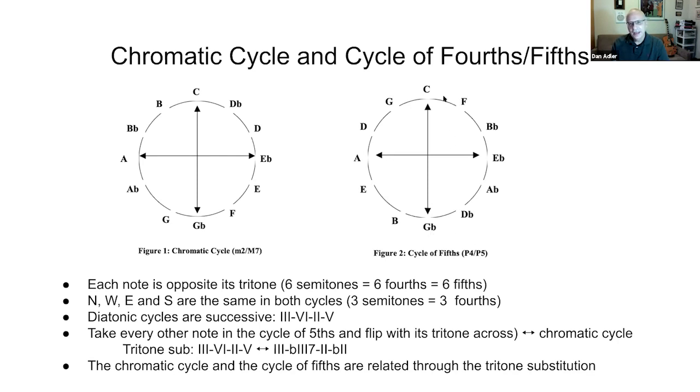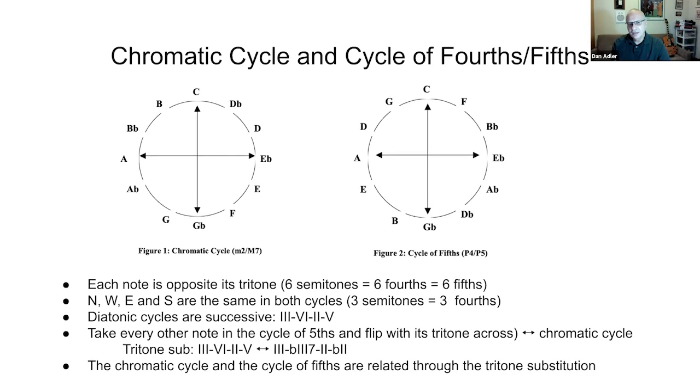For example, every note is opposite its tritone. Well, if you think about it, that is obvious because we just said that divides the octave in half. So obviously, if you go halfway across the circle, you're dividing the octave in half, and so north and south are opposites, and that's where the tritone comes in.